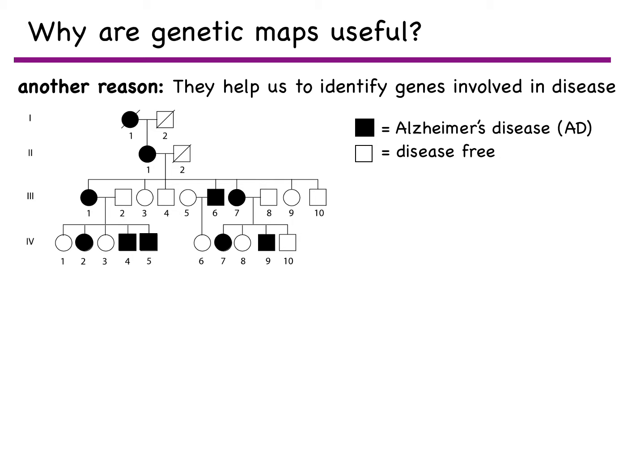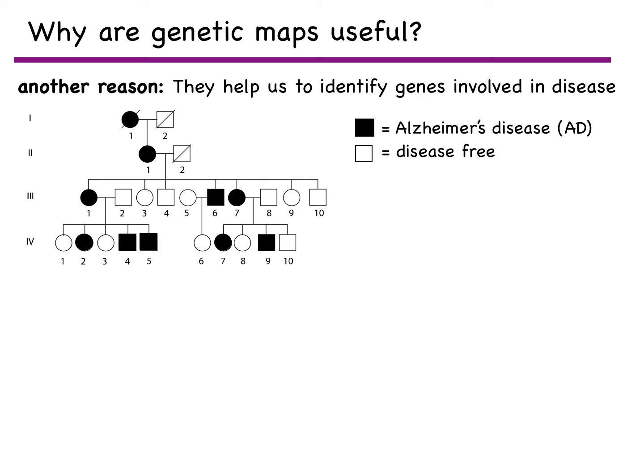For example, I'm showing you a pedigree that is segregating a heritable form of Alzheimer's disease, which I think everybody's familiar with. It's a severe neurodegenerative disorder that typically affects the elderly. But there are also genetic forms. In most cases, we don't really know what causes Alzheimer's disease, but there are some rare Mendelian forms caused by defects in specific genes.